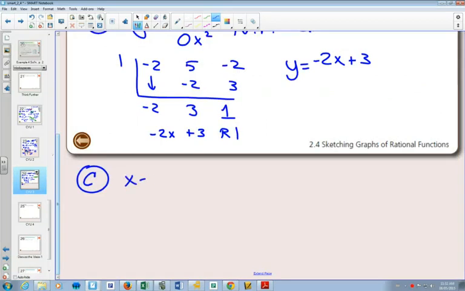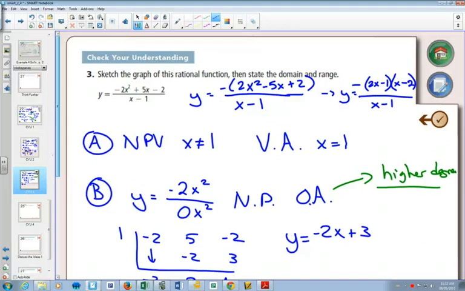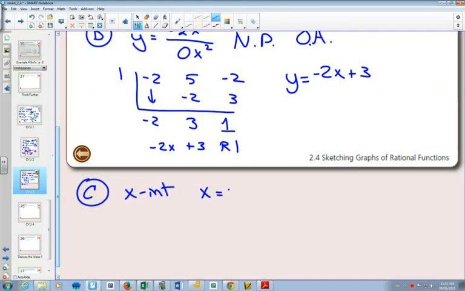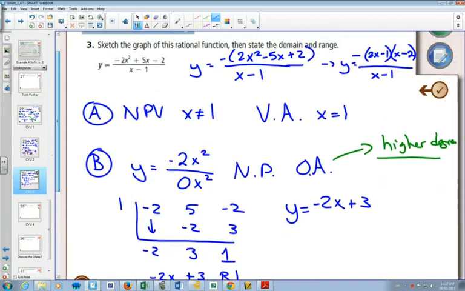Part C, x-intercepts. When we look at our original equation, when is the top going to equal 0? Well, we factored it. You can see that it's going to equal 0 at x equals 2 and x equals 1/2. And our y-intercept: that's when you plug in 0 for x.